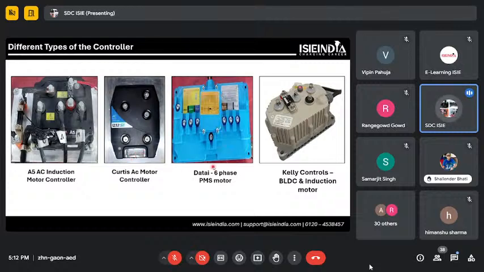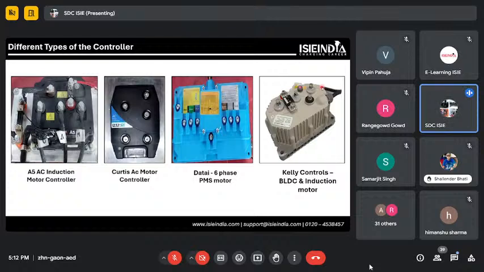Along with that, these are the Datai controllers, which are compatible with six-phase PMSM motors and induction motors, right? So in all of them, you will find two input power supply sources and three external output supply sources, which are connected to the motors.